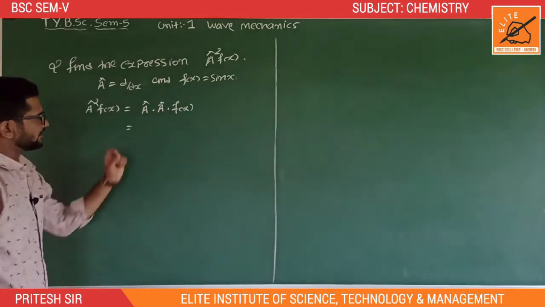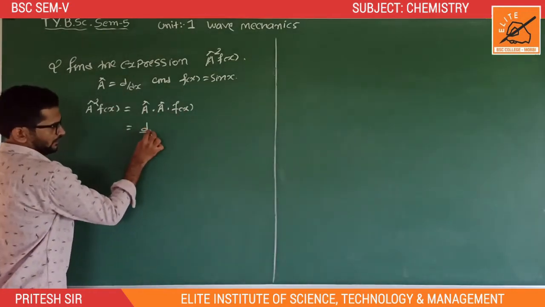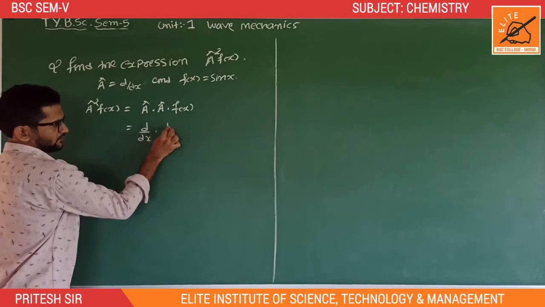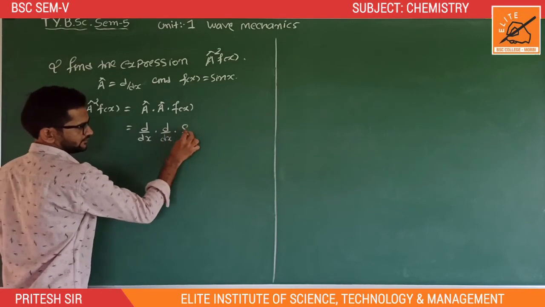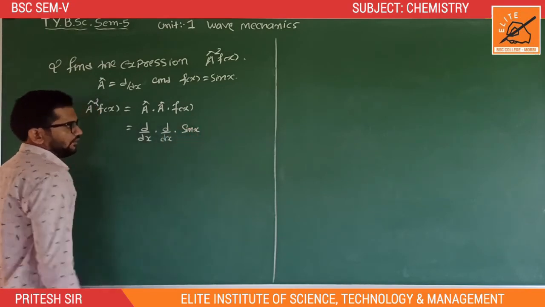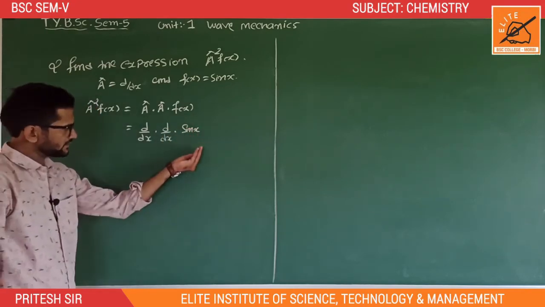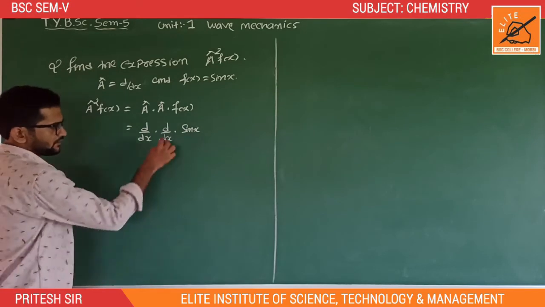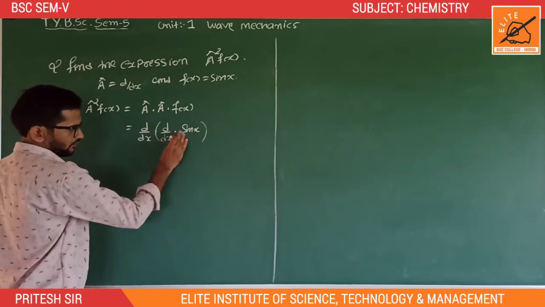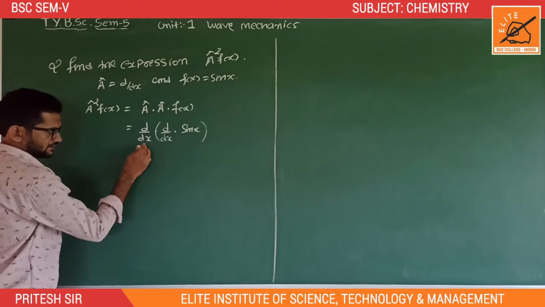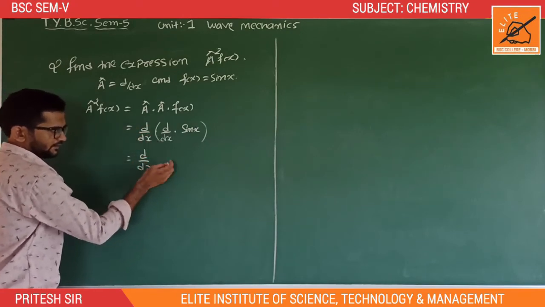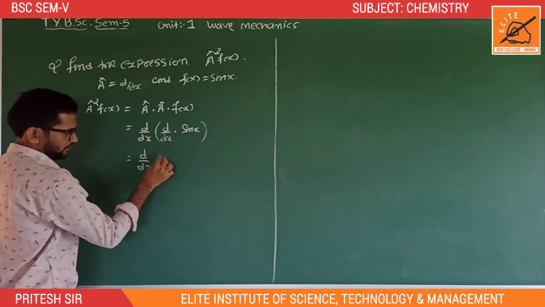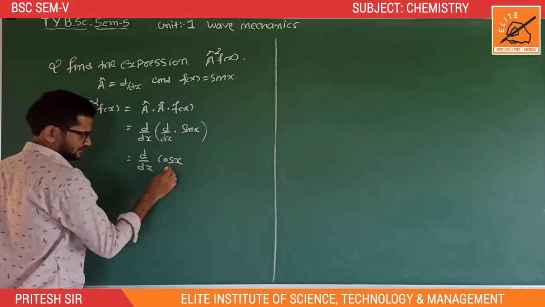A cap is equal to d by dx into the function sin x. The first operation should always be right to left, so first the differentiation of sin x. This d by dx remains as it is, and the differentiation of sin x is equal to cos x.